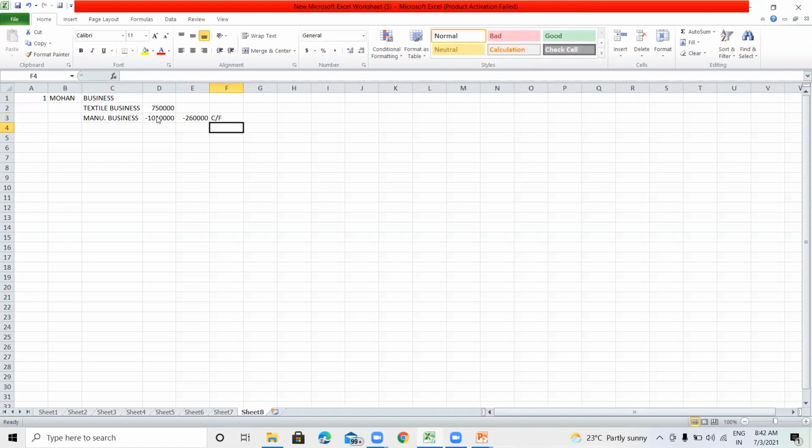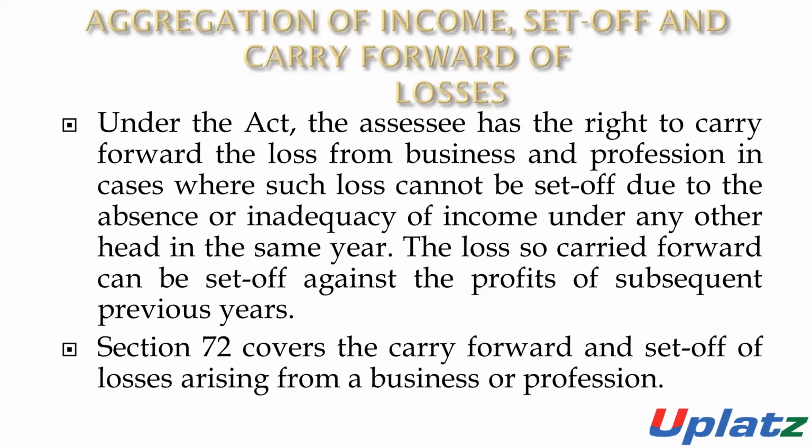The assessee has the right to carry forward the loss from business and profession where such loss cannot be set off due to the absence or inadequacy of income under any other head of income in the same year.